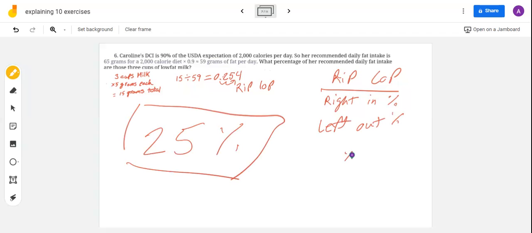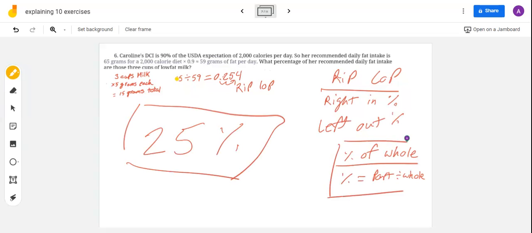So percent of whole. So you want your percent to be equal to part divided by whole, right?